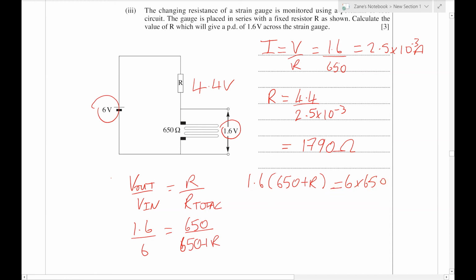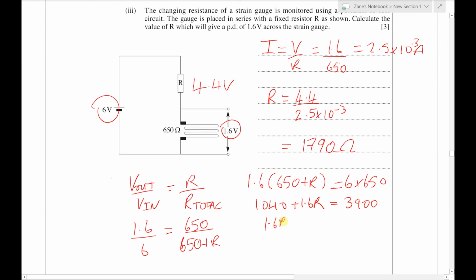So a little bit of work on a calculator. So we have 1040 plus 1.6 R is 3900.